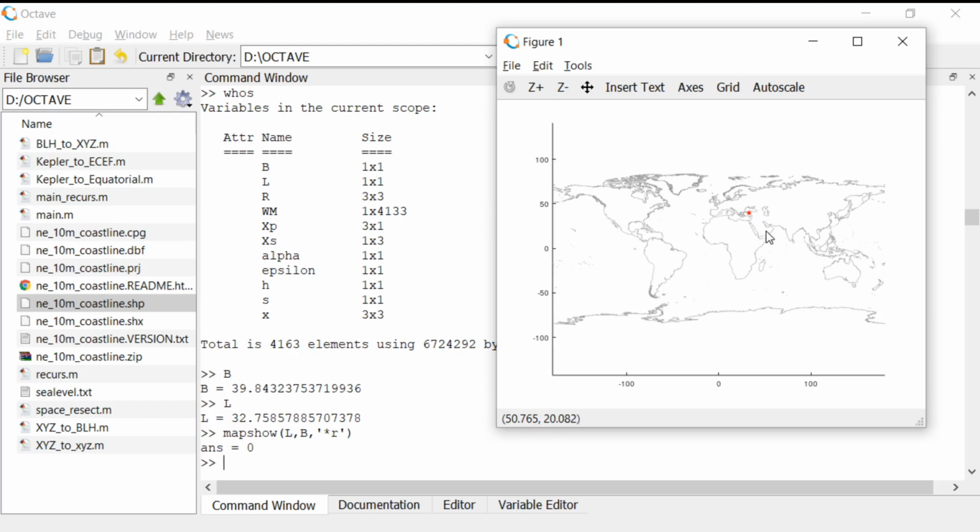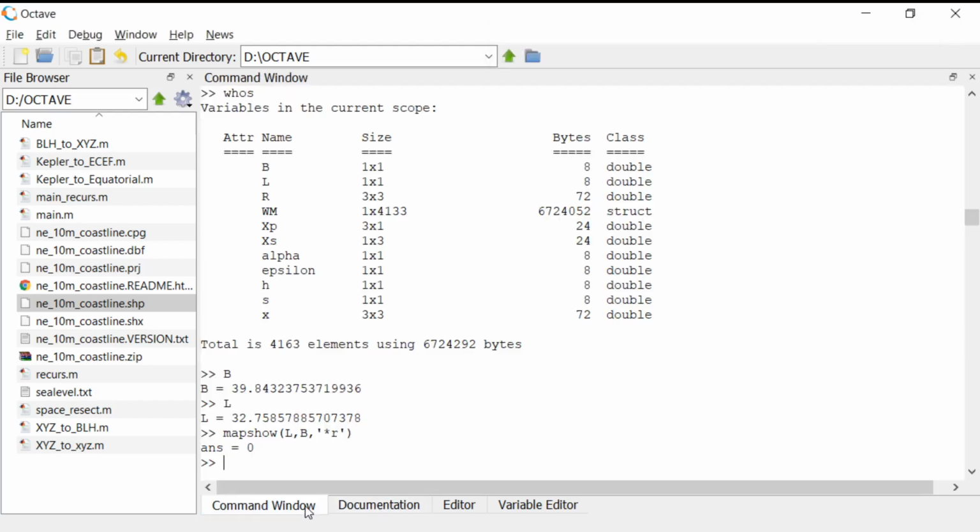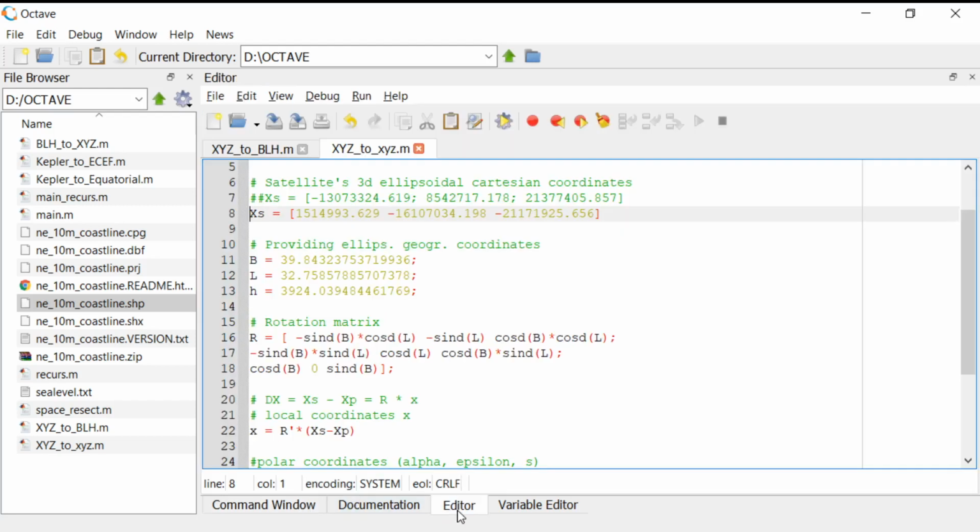Now let's see our satellite, the first case. For this purpose, I need to compute the footprint of the satellite. This means that I need to convert to the BLH system, or the geographical coordinates.